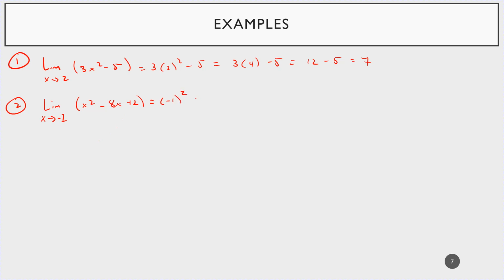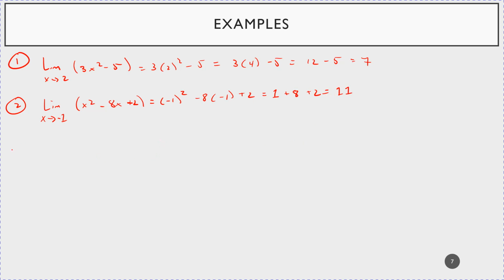So -1 squared minus 8 times -1 plus 2. All right, well, -1 squared is 1, right? Negative times negative is a positive. -8 times -1 gets plus 8. And then I have this plus 2. 1 plus 8 is 9. Plus 2 gets me 11.